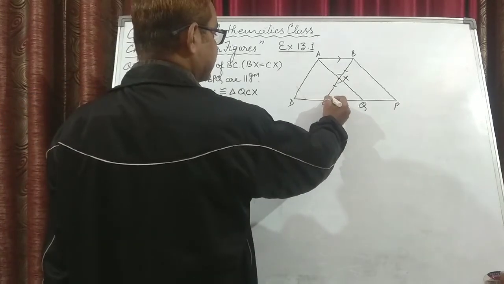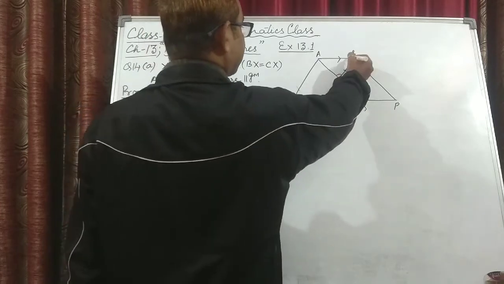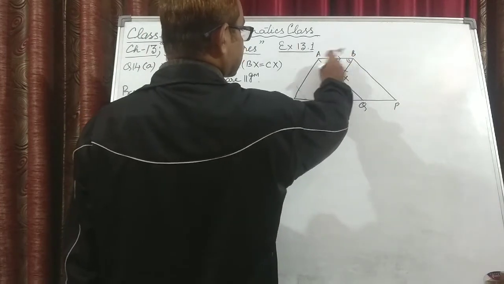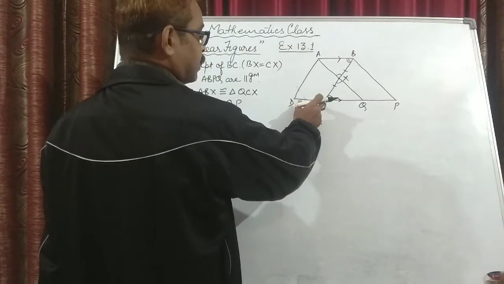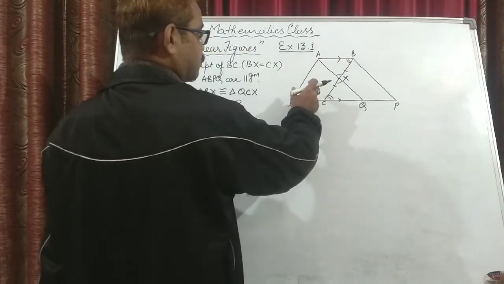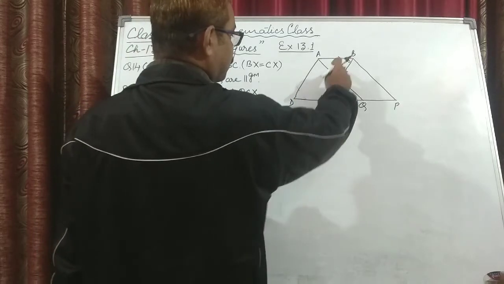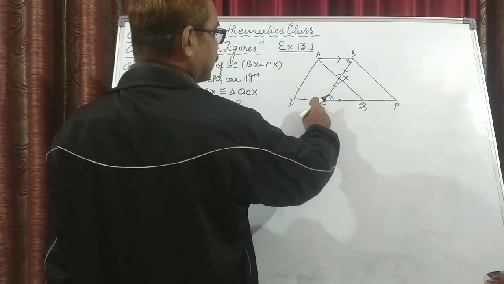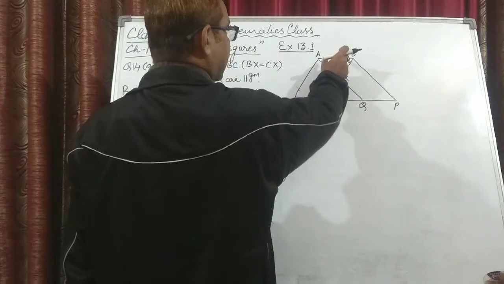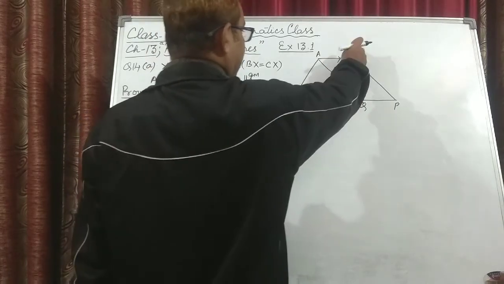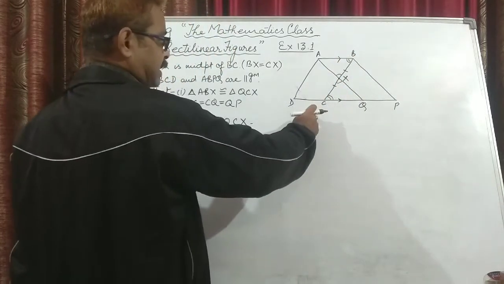We can say that this angle C and this angle B, because DC and AB are opposite sides of parallelogram, so DC is parallel to AB. If DC is parallel to AB, then extended part of DC is DQ, or you can say CQ is parallel to AB. AB and CQ are parallel and a transversal BC is intersecting them.